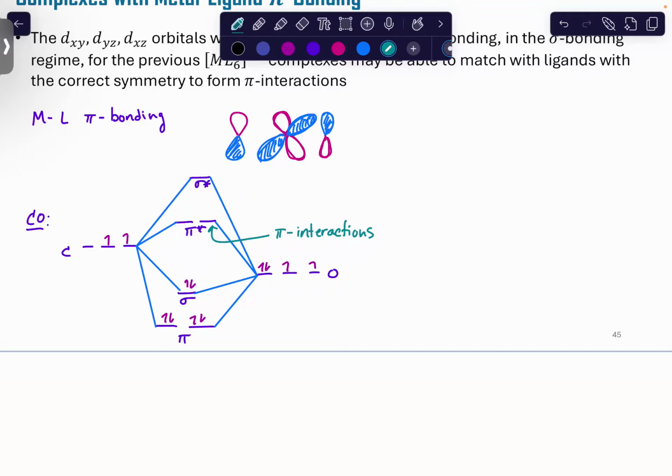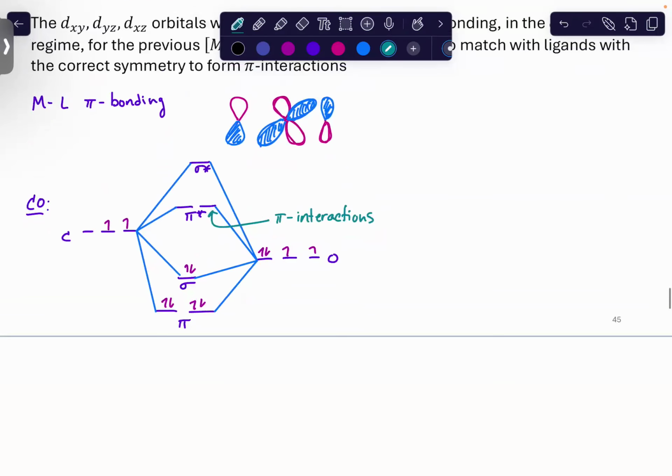This is why the metal is going to pi back bond into the pi star level, decreasing the bond order of the ligand, and then forming a pi interaction with the ligand.